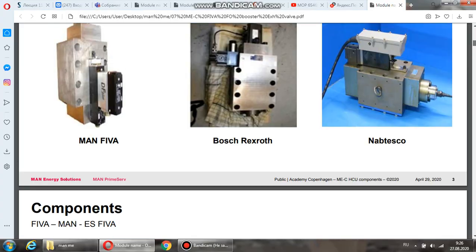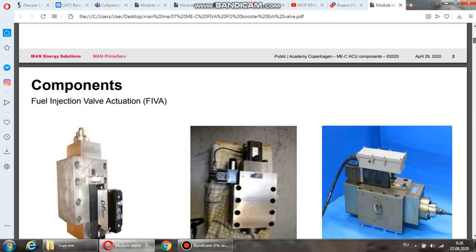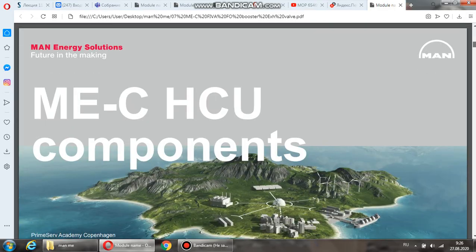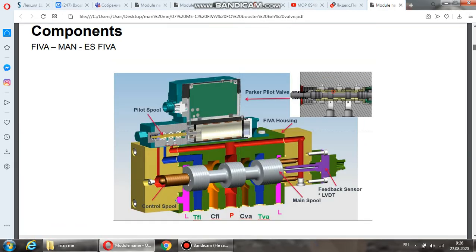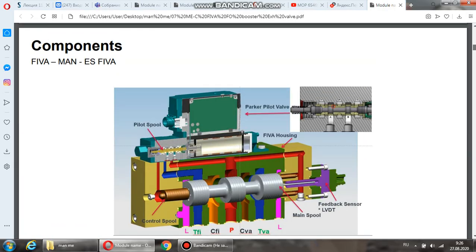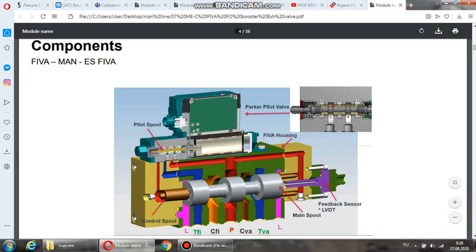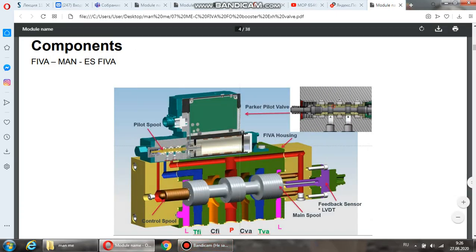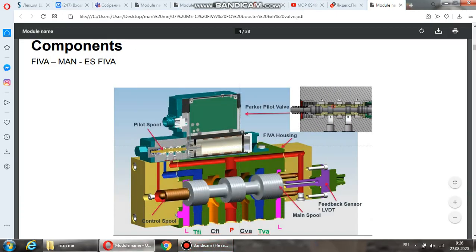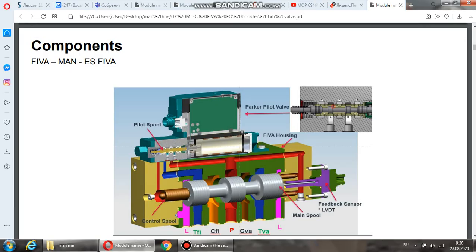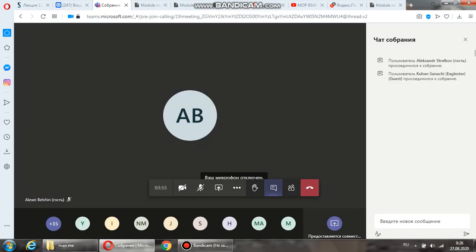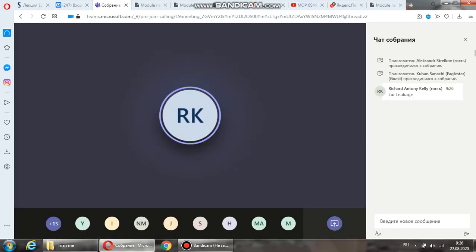Okay, so L, gentlemen, is for leakage. TFI is for tank fuel injection. CFI is for cylinder fuel injection.